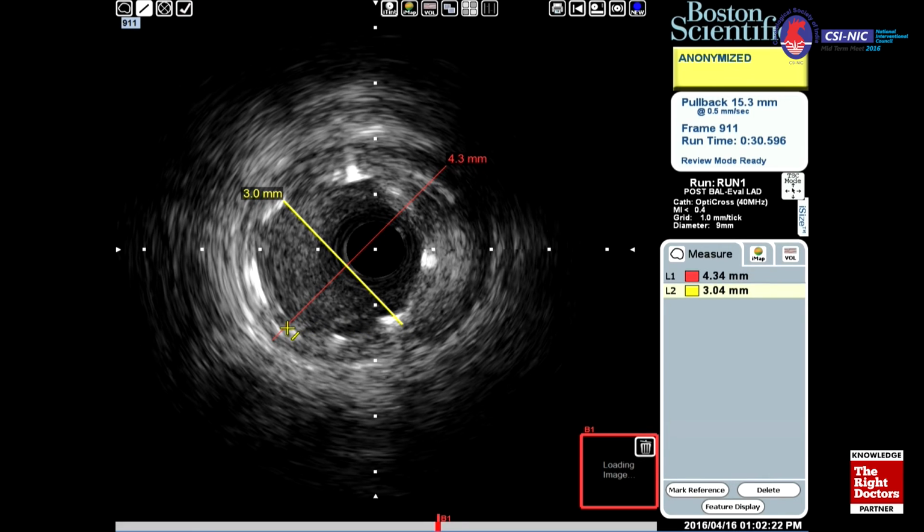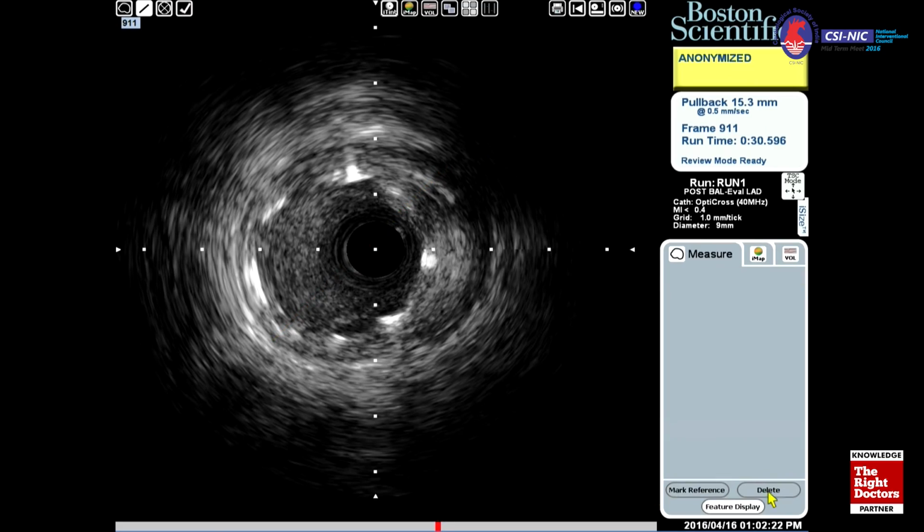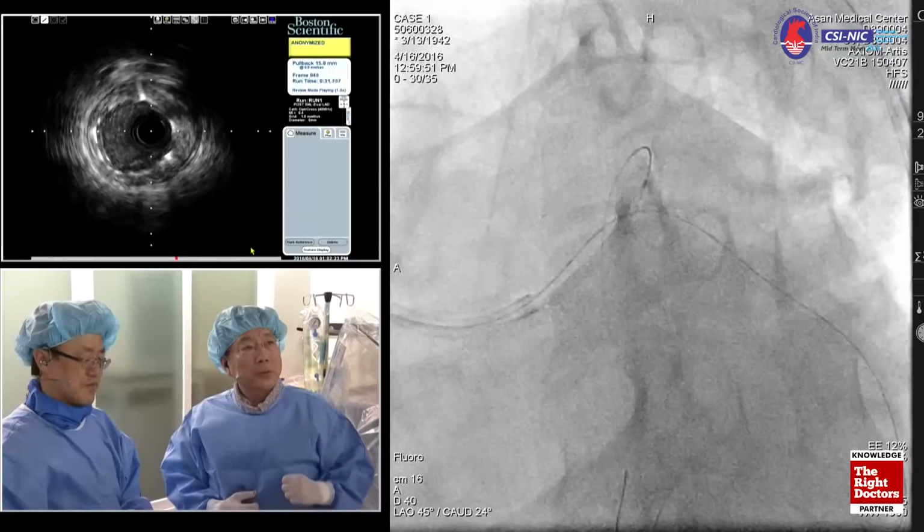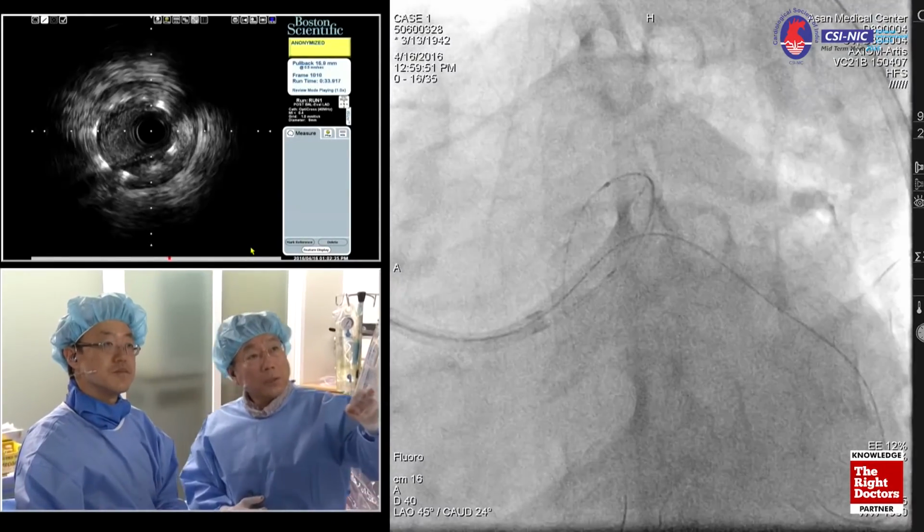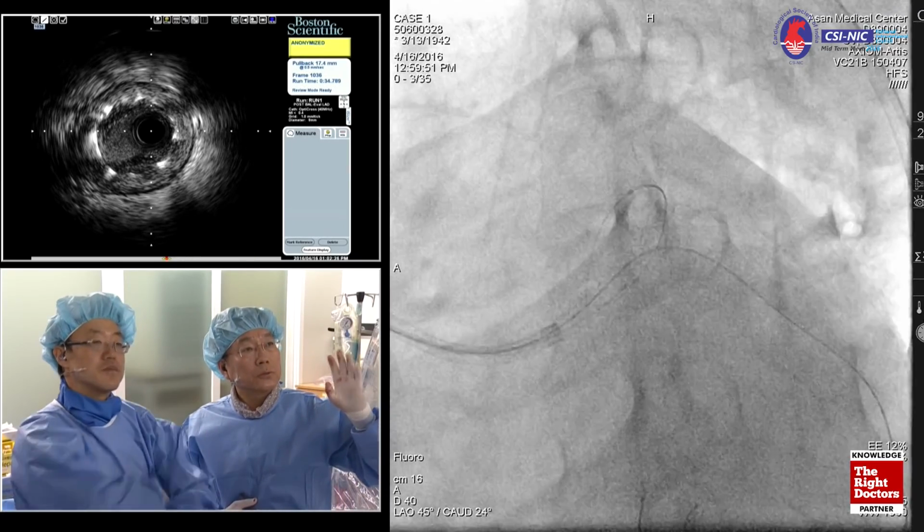The meaning is that it is a big vessel, and the previous stent expansion of 3.0 is maybe small. However, the area is quite good, more than 5 square millimeters. Still, the stent expansion is less than the reference vessel diameter, right? Stop there. The narrowest portion is 2.5 something.